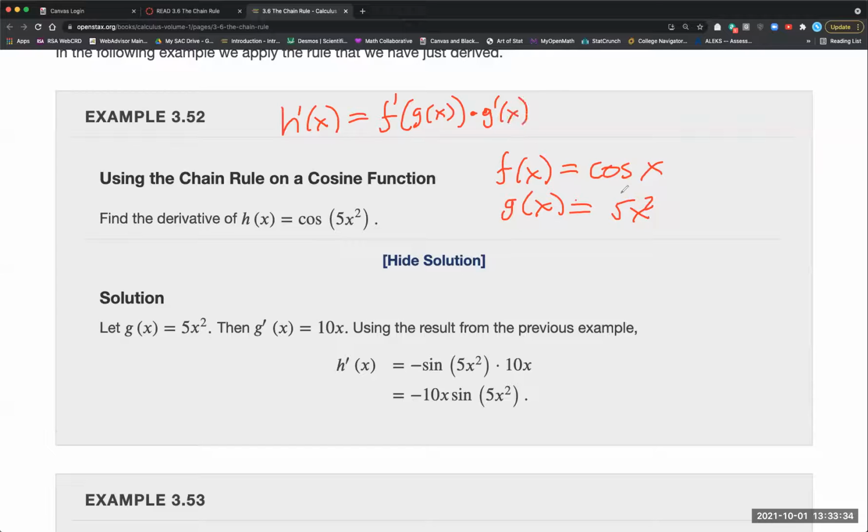That's our notation. So when you take the derivative of f, right? f prime of x equals negative sine x. But what am I plugging into the derivative? g of x. g of x is 5x squared. And so that's where you get your negative sine 5x squared. I'm plugging g of x into the derivative times g prime of x. g prime of x equals 10x.